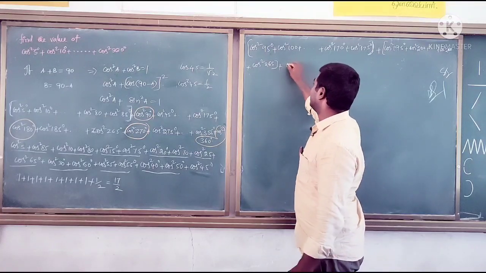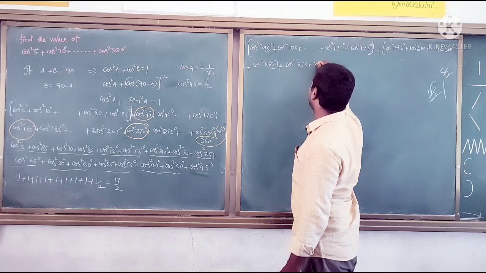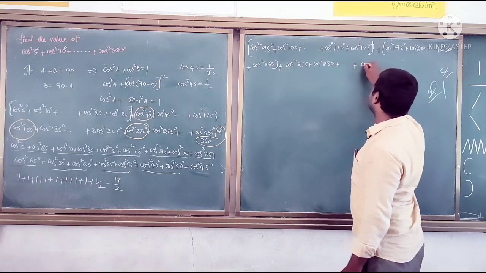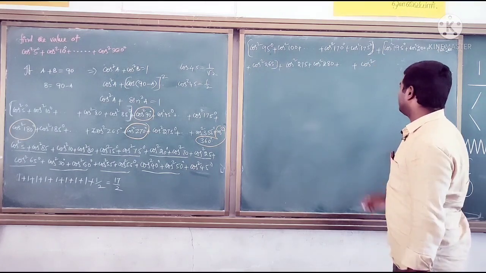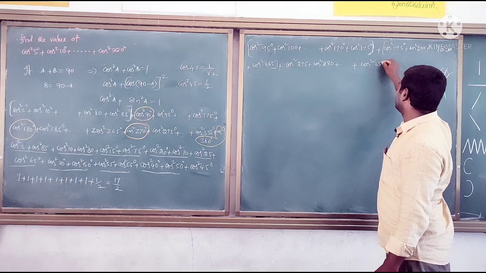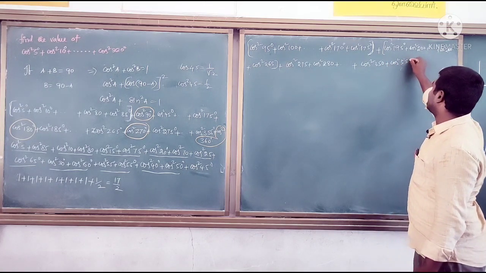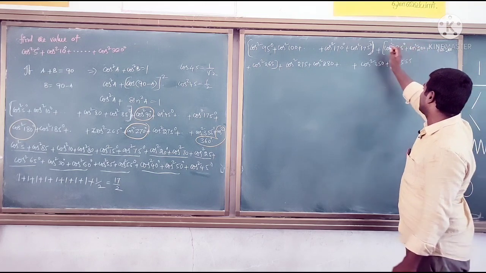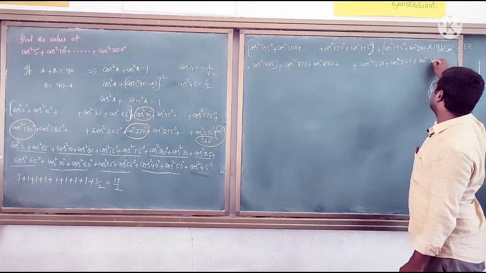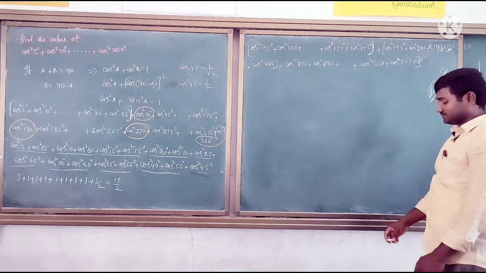Next series, cos square 275 plus cos square 280 plus so on, cos square 350 plus cos square 355 we will get. So you can write cos square 360 lastly.